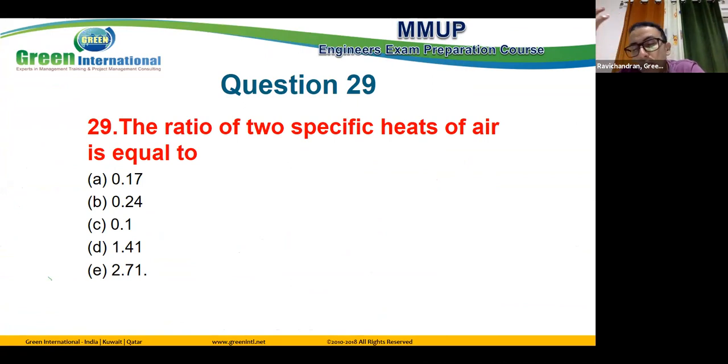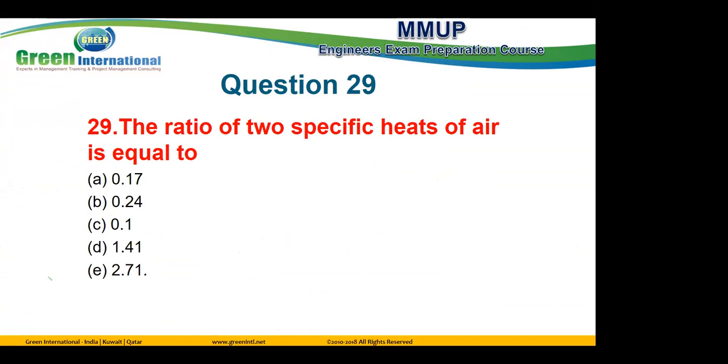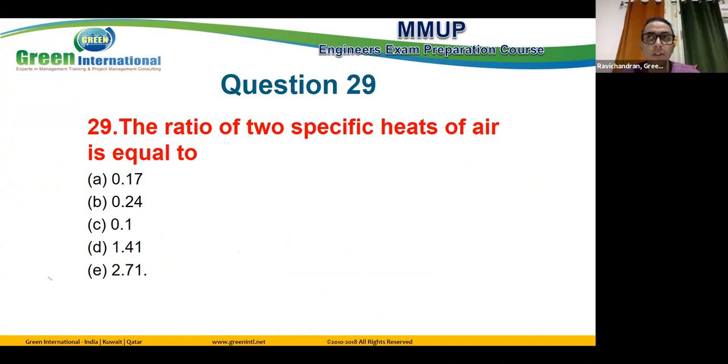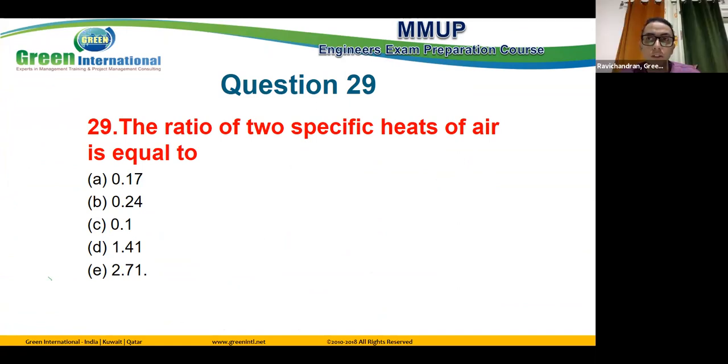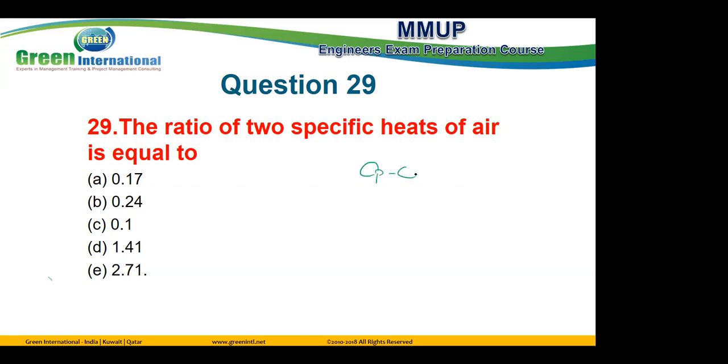The ratio of two specific heats of air is just the ratio between the two specific heats. It means Cp over Cv. What is Cp over Cv referring to? I'll tell you, I give you two definitions. We have two definitions: Cp minus Cv, and Cp by Cv.